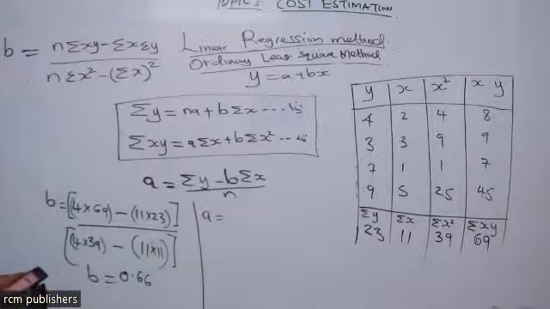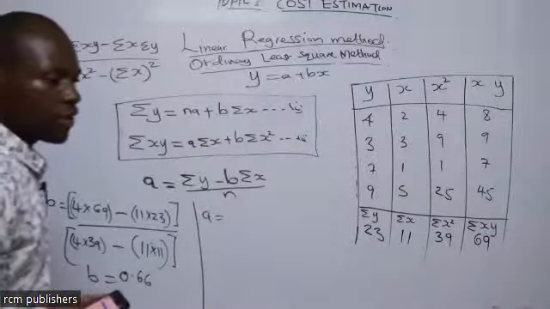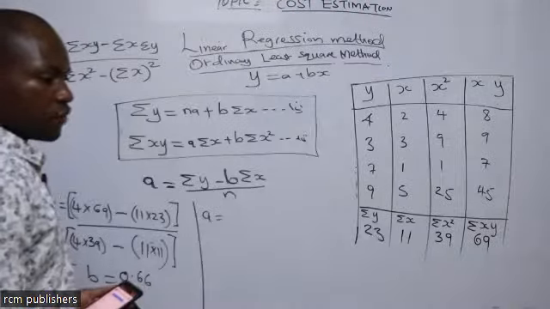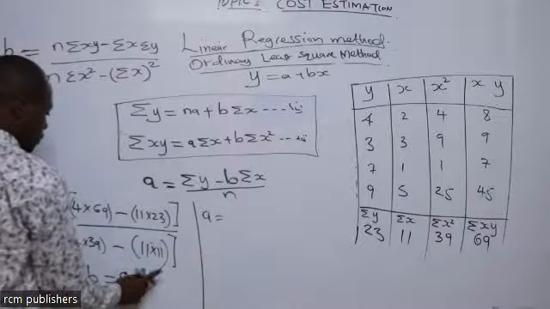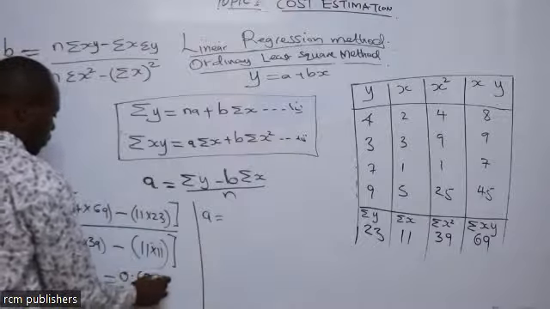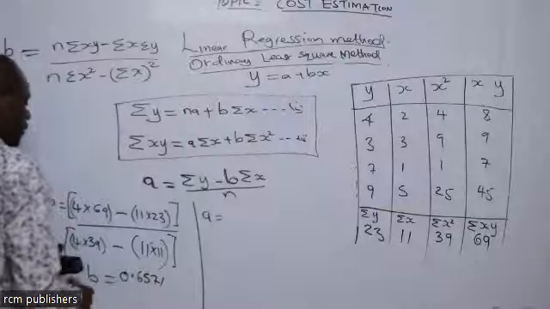The second person can confirm that 0.6. Give me to 4 decimal places, 0.6571. For this one here, at least 4 decimal places.